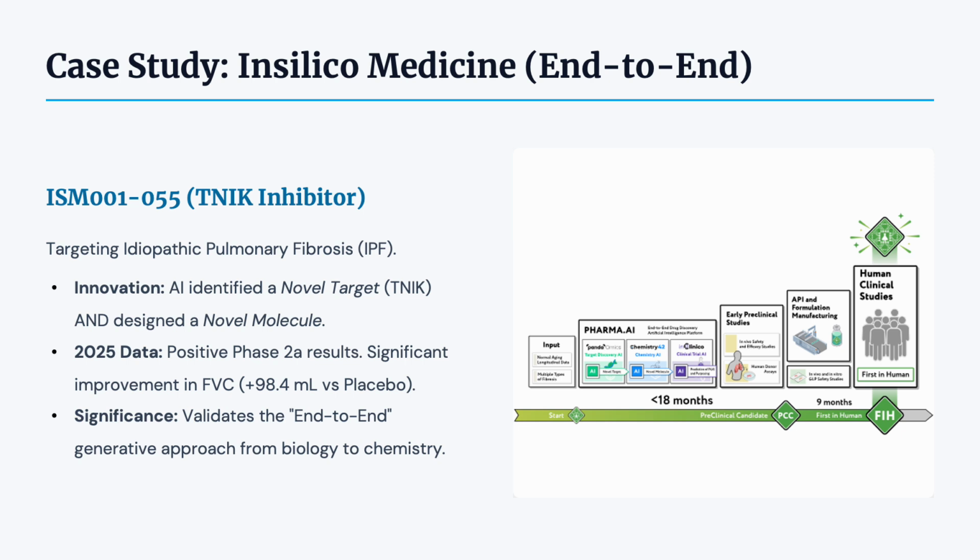What makes this unique is that AI discovered a novel target, in this case TNIK, and designed a novel molecule. The results from Phase 2A data show significant improvements in lung function. This validates that generative AI can go all the way from target hypothesis to human efficacy.